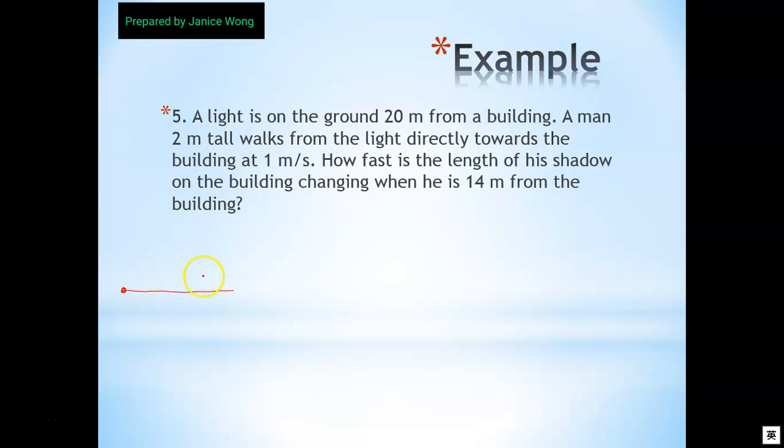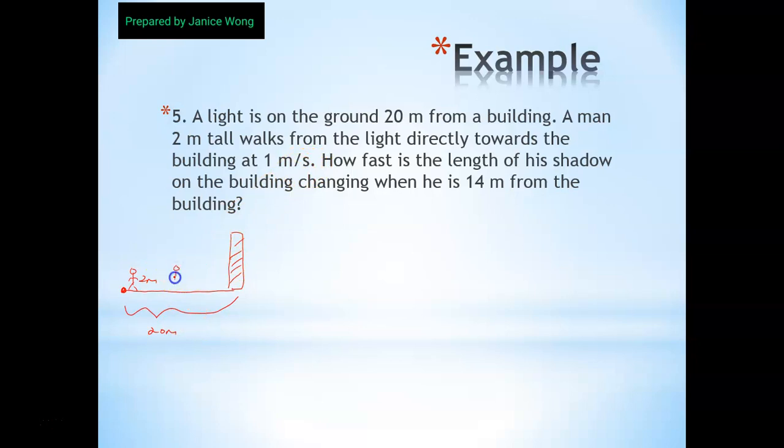This is the light. This is the building. The light is 20 meters from a building. So here is 20 meters. A man 2 meters tall walks from the light towards the building at 1 meter per second.